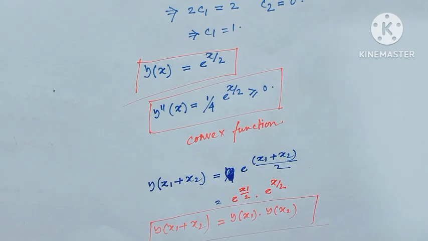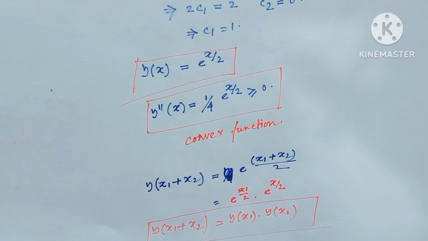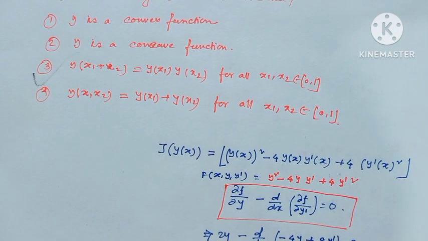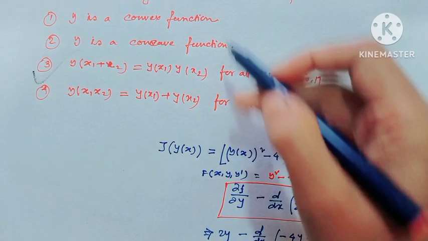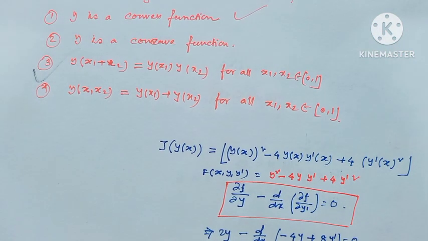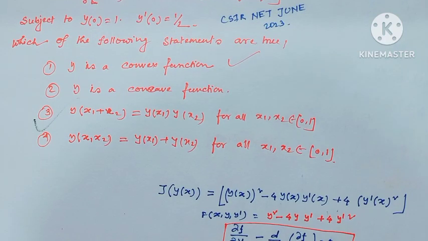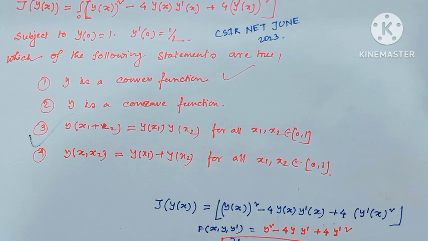I hope all my viewers have understood. That means option 3 is also a right option. That means option 1 and option 3 are the right options. I hope all my viewers have understood this question.